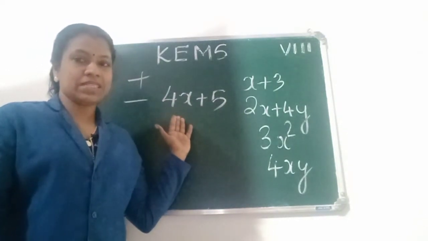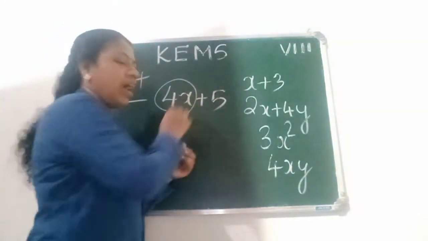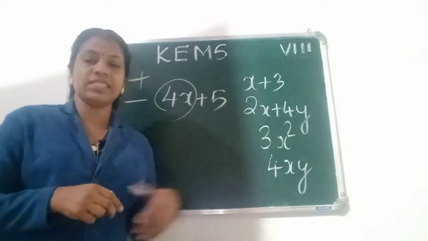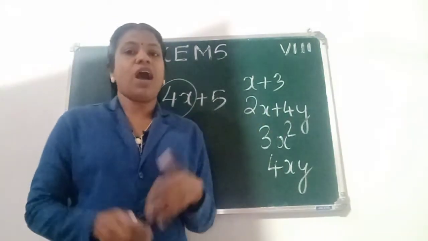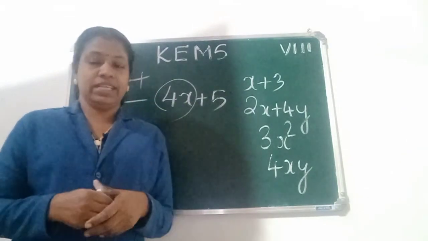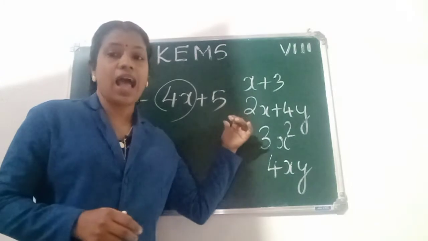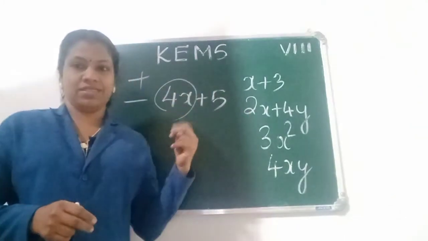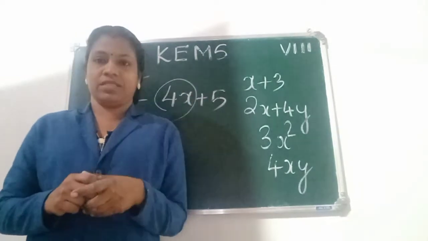What are the terms here? Yes, 4x is the first term and 5 is the second term of this expression. So, this expression has two terms.